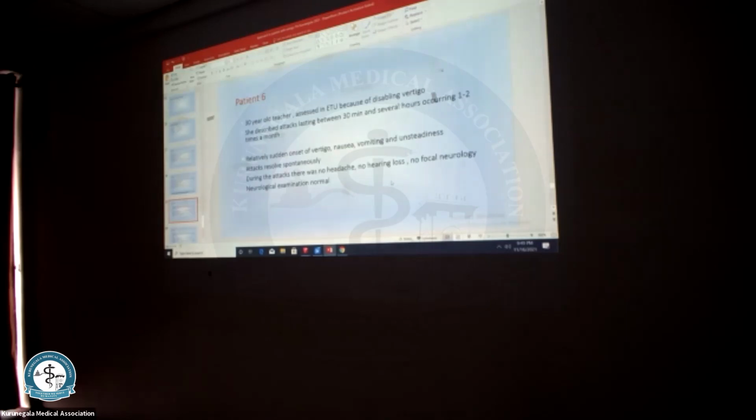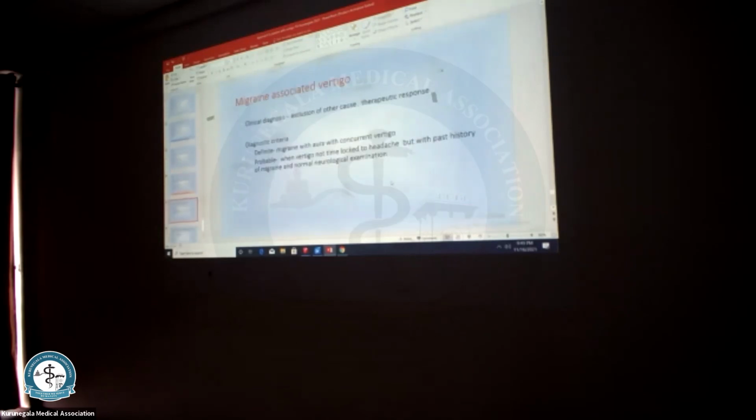But migraine can have variable presentations. Even a normal migraine without vertigo or vestibular symptoms will have motion sensitivity and dizziness. But there are patients who will have typical vertigo attacks, maybe with headache, but sometimes some episodes even without headache. So there are diagnostic criteria for that.